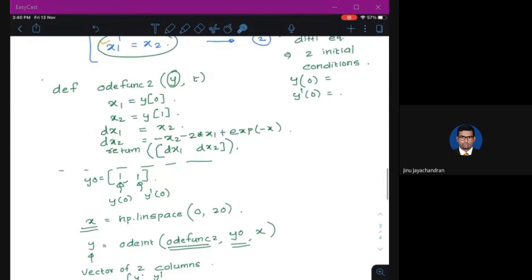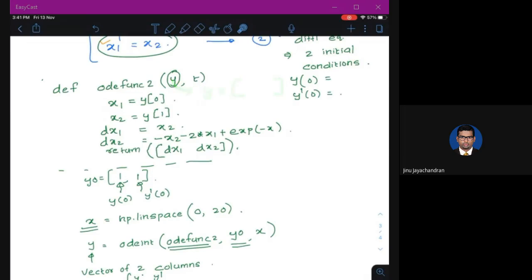But when we call ODEINT, we give y0 as a variable or a list of two elements, which means ODEINT knows that you are actually going to do a second order differentiation. And then you do x1. So y is actually a list. There will be two values.